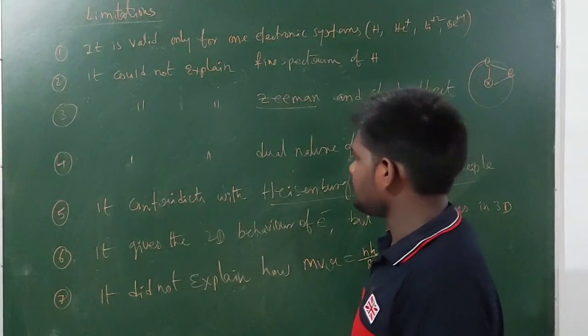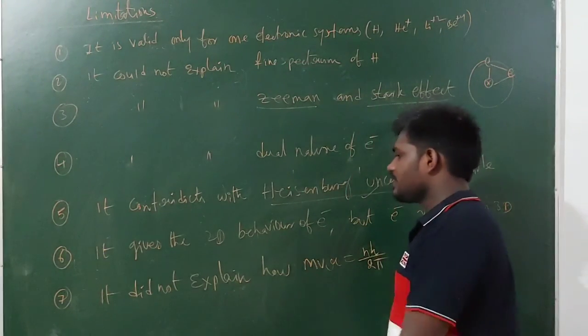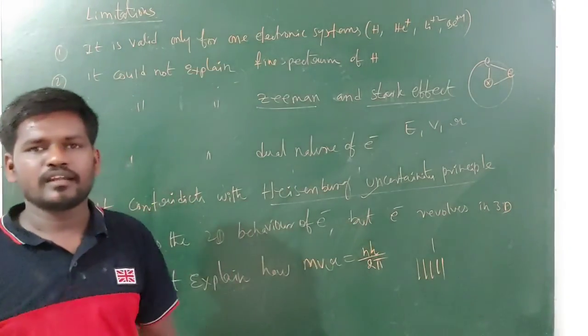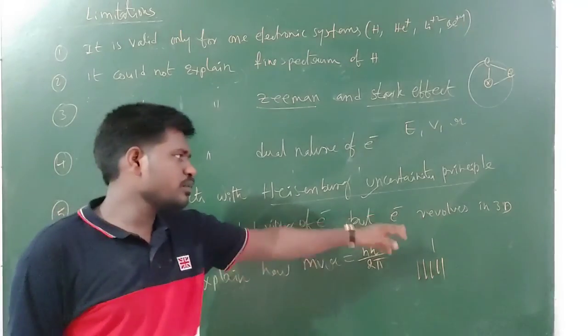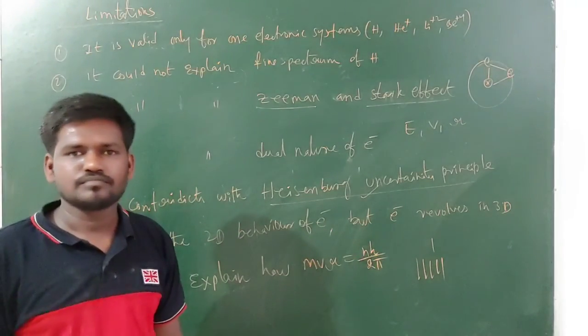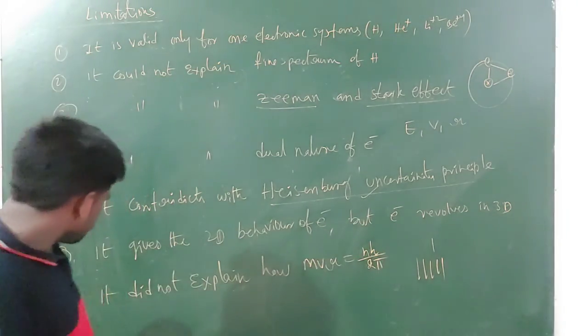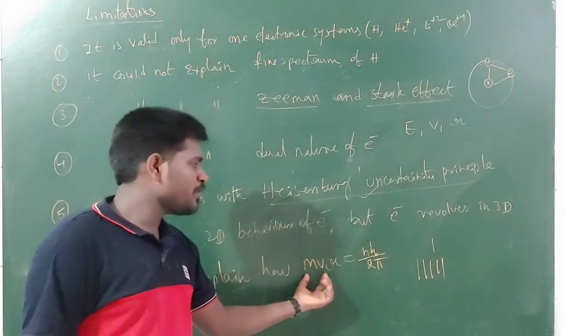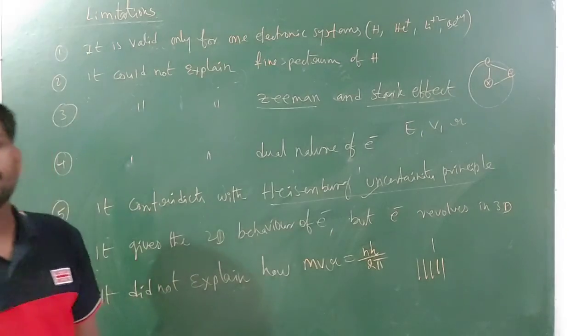That is also one of the limitations. And guys, this model tells that the electron is revolving around the nucleus in a two-dimensional manner, but actually the electron revolves around the nucleus in a three-dimensional manner. That is also a limitation. Next, it did not explain why the angular momentum mvr is equal to nh by 2 pi.